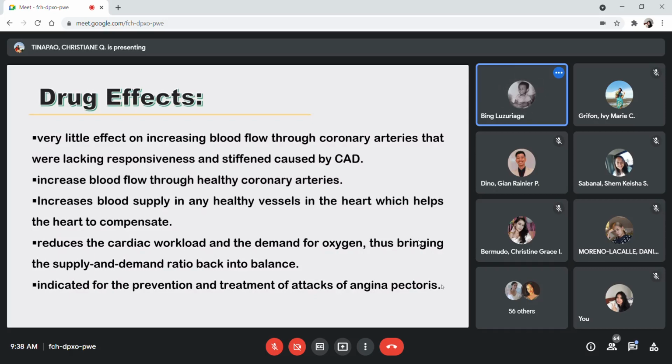The mechanism of angina pectoris is the imbalance between the supply and demand of blood to the heart.